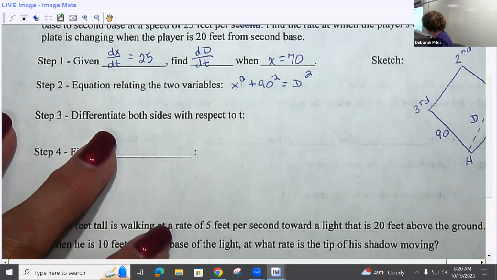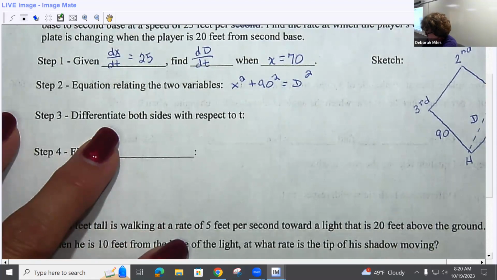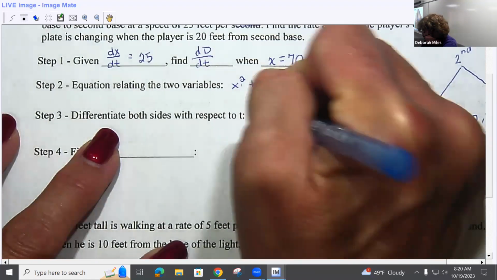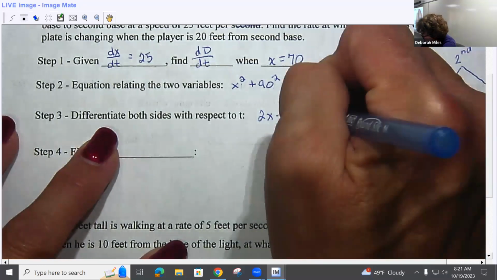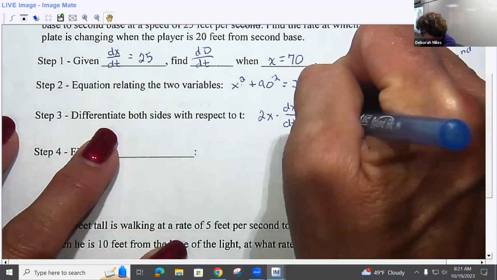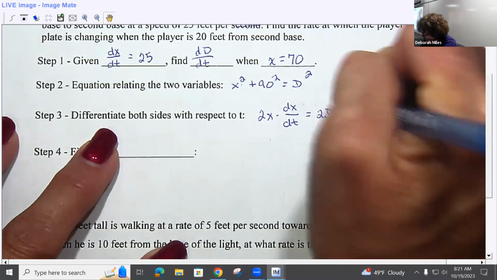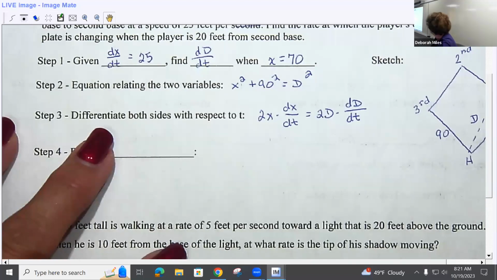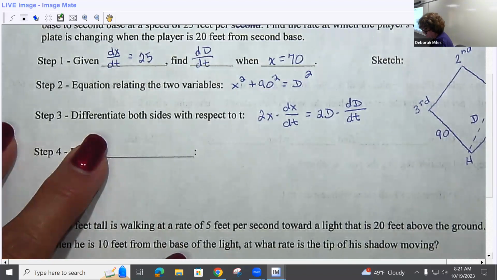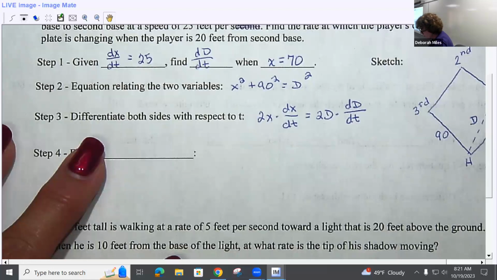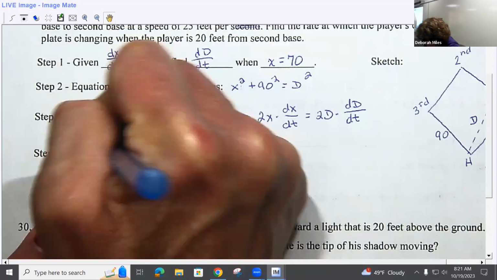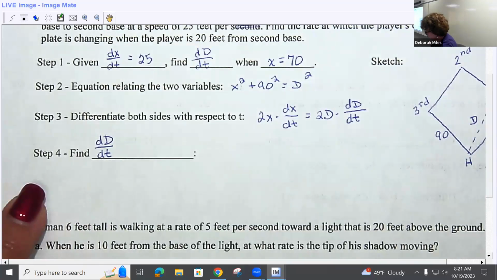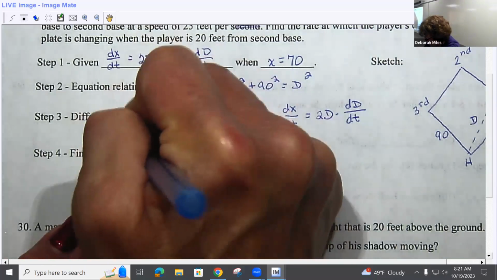And don't plug any numbers until after you differentiate. 2x times dx over dt plus 0 equals 2d times the derivative of d with respect to t. Which one of those quantities are we looking for? We're looking for the derivative of d with respect to t when x equals 70.